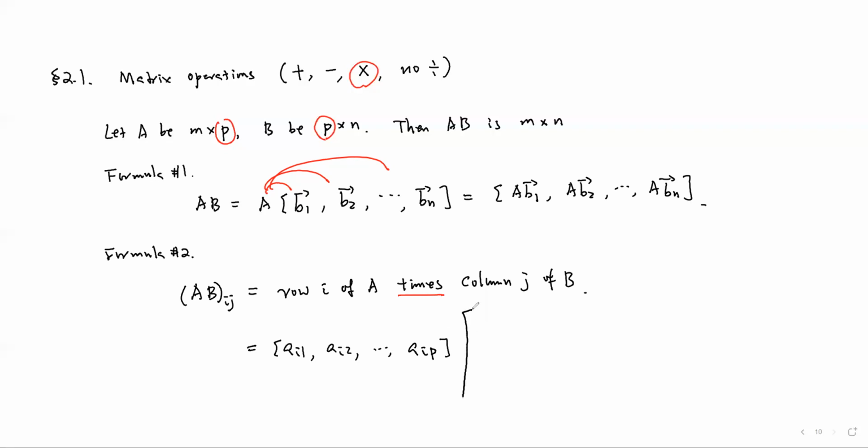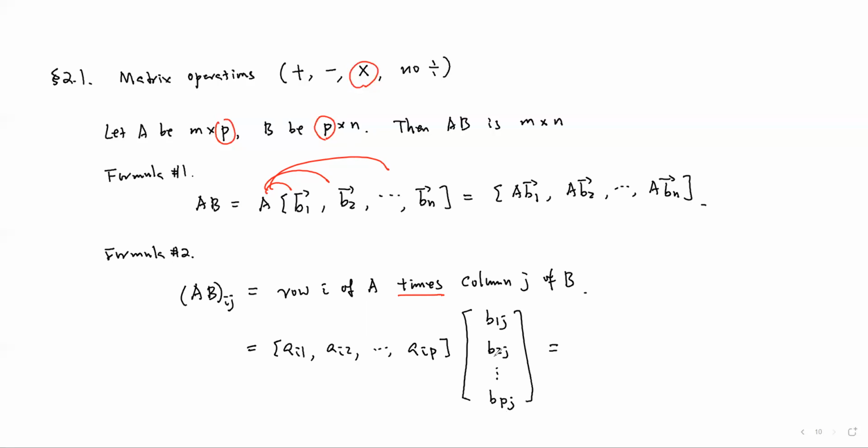Then times column j. Column j: B1j, the first entry, B2j. How many entries in column j? B is P by N, so BPj. So the number of entries in row i and the number in column j are equal.